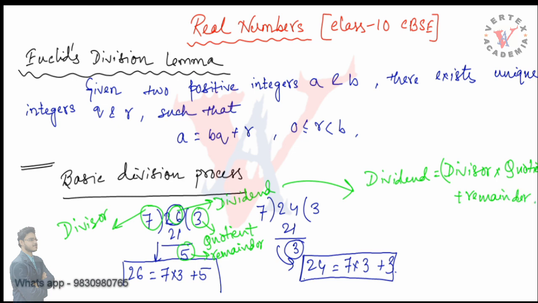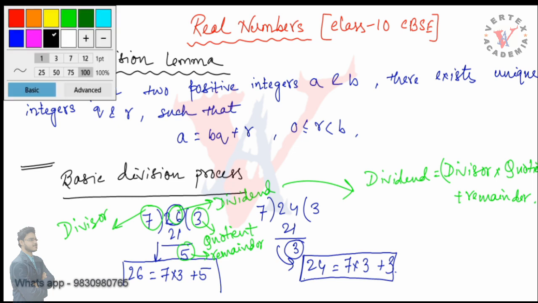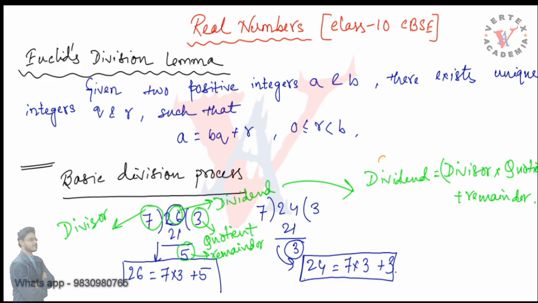Now let us come to Euclid's division lemma. Now it will be quite easy for us to understand this. Match the result, dividend equals divisor into quotient plus remainder, with Euclid's division lemma. Here the dividend is a and b is the divisor. Quotient is q and remainder is r.